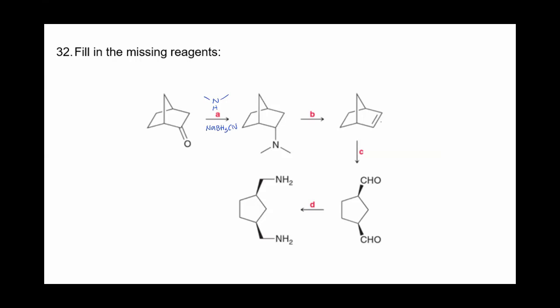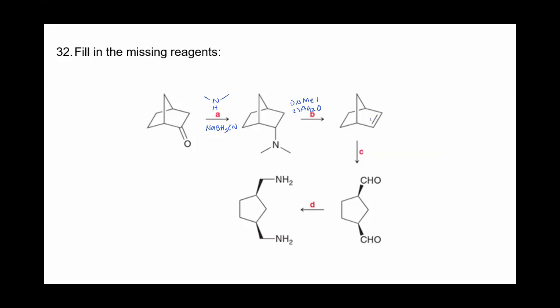And then we're doing an elimination to make that double bond. So what you can do is add more methyl iodide or excess of methyl iodide, followed by Ag2O. So that's going to do that Hofmann elimination. And now we have a cyclopentane with 2 aldehyde groups on there.